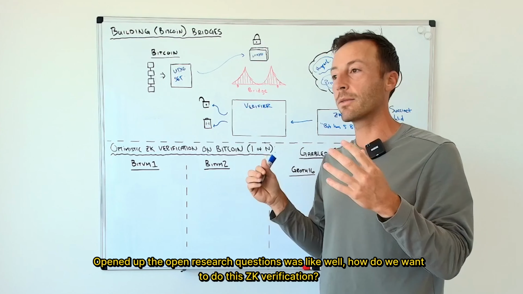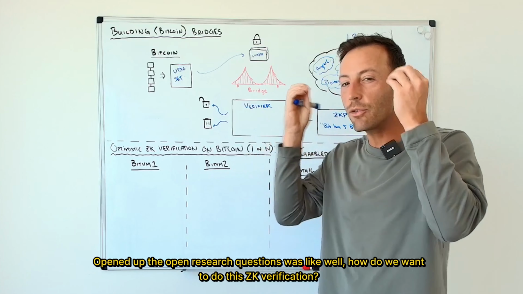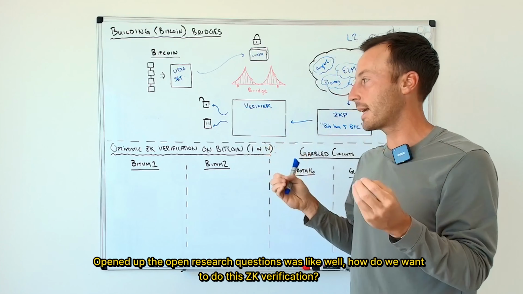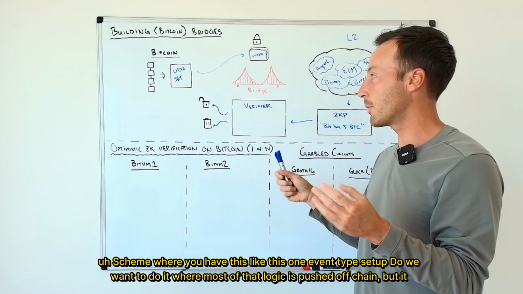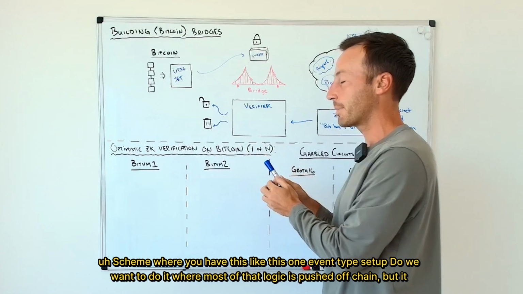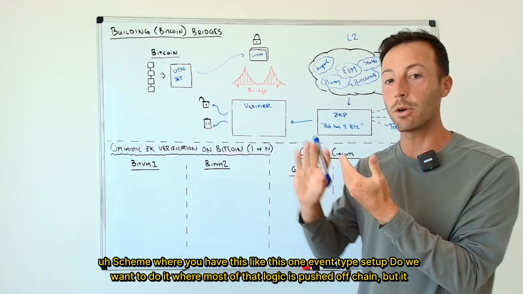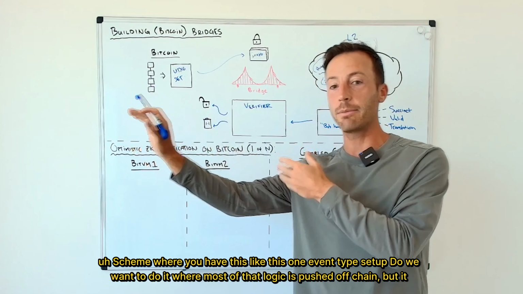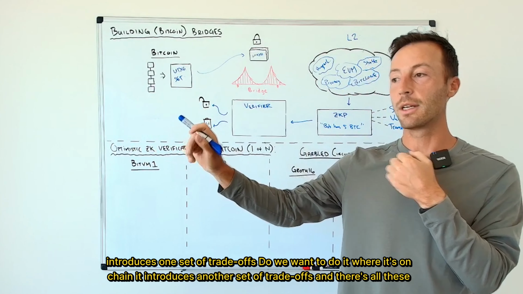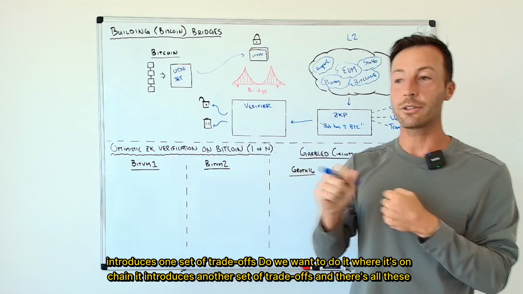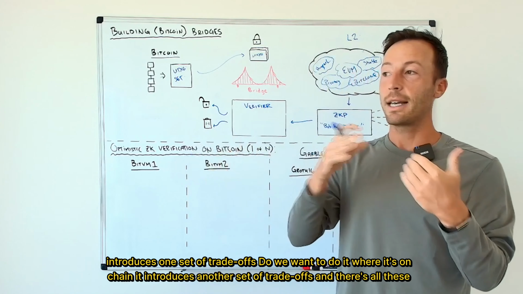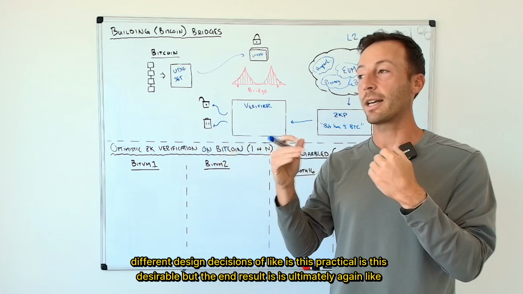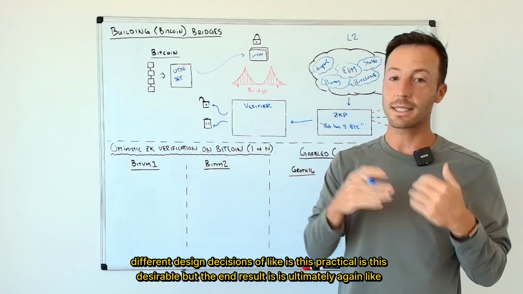The open research question was, how do we want to do this ZK verification scheme where you have this one event type setup? Do we want to do it where most of that logic is pushed off chain, but it introduces one set of trade-offs? Do we want to do it where it's on chain, which introduces another set of trade-offs? There are all these different design decisions of, is this practical? Is this desirable?